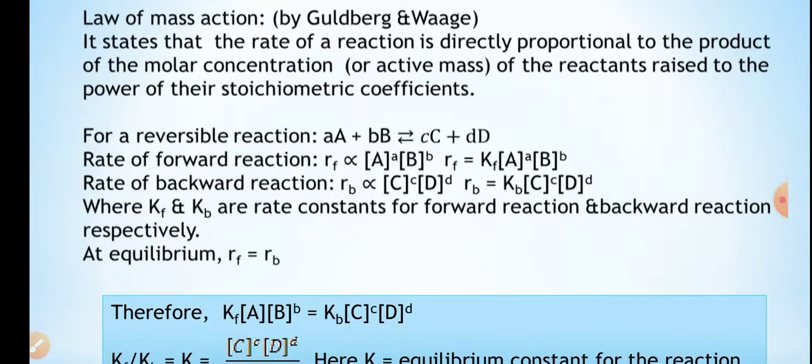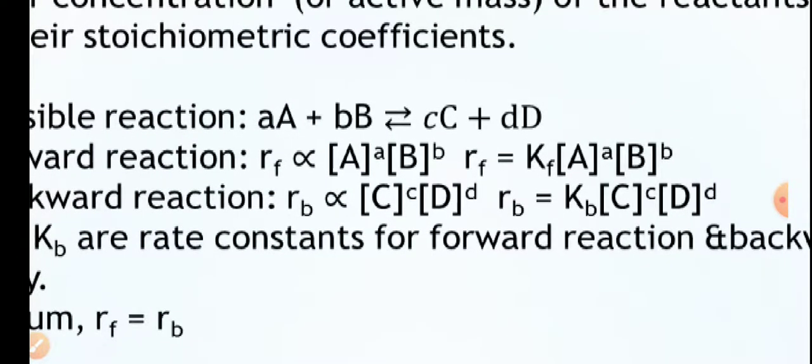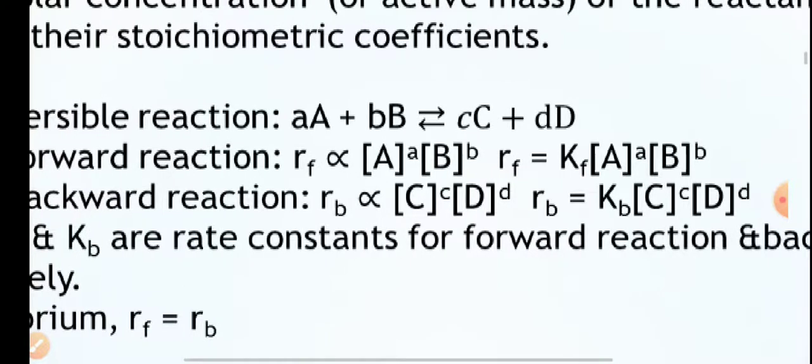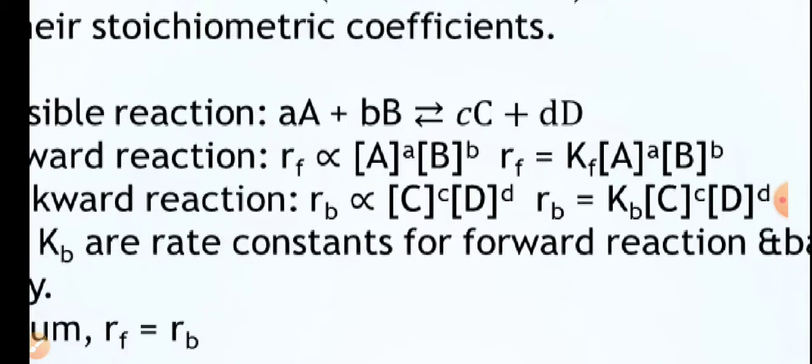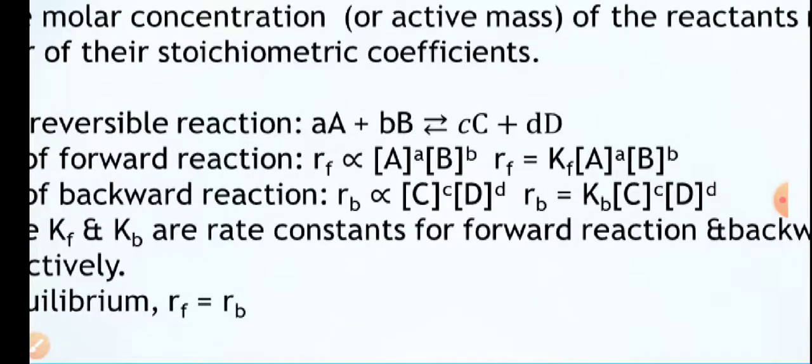If you look at this reaction, the rate of the forward reaction will be the concentration of A to the power a, where a is the coefficient, into the concentration of B to the power b.